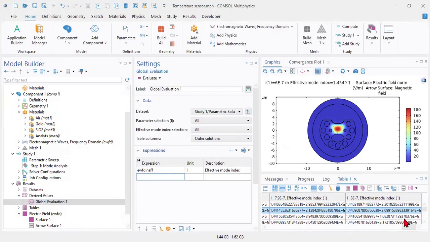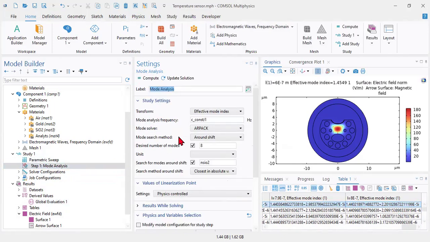From here you can see the data from 600 nanometer to 800 nanometers. In this row you will get the wavelength, and in the different columns, for 800 nanometer, you can see that you will get 8 modes, right? Because we are searching for different modes.